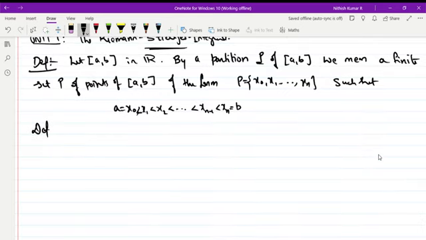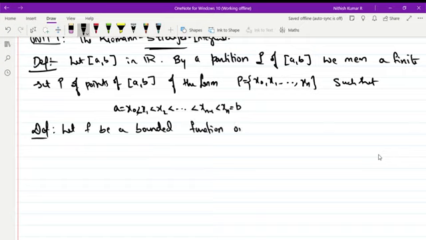Okay, so let's see the next definition. Let f be a bounded function on the closed interval [a, b] in the real line.